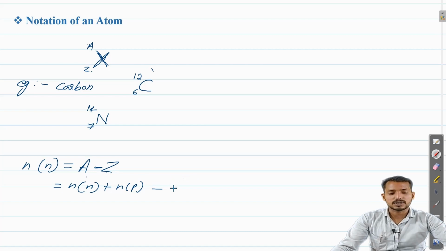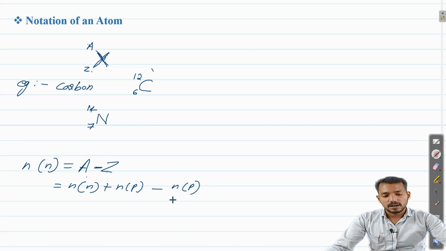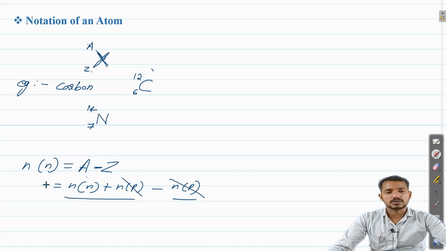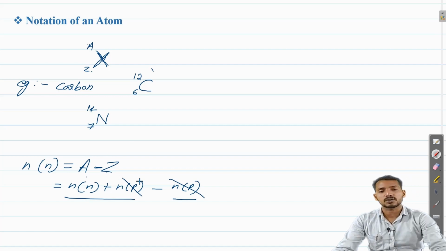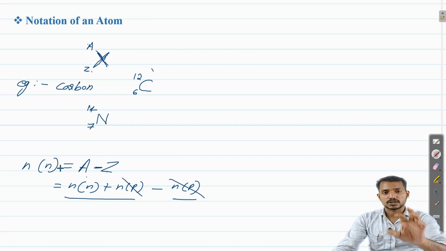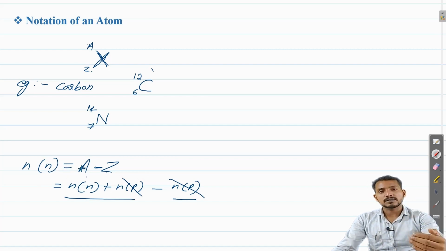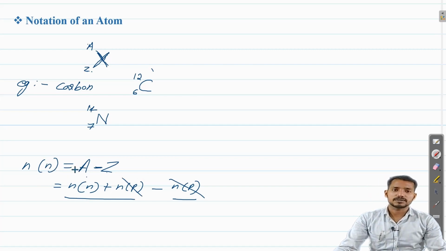Atomic number is the number of protons. So subtracting atomic number from the mass number, the number of protons will be eliminated and the number of neutrons will be obtained. So this is also one important formula you have to remember: the number of neutrons present in an atom is equal to the mass number minus atomic number.